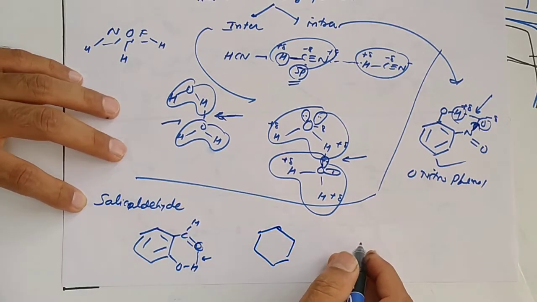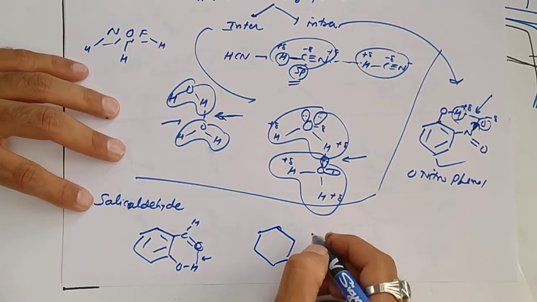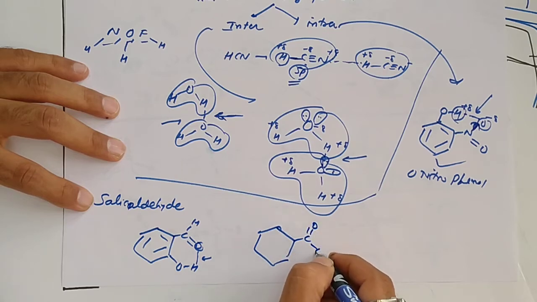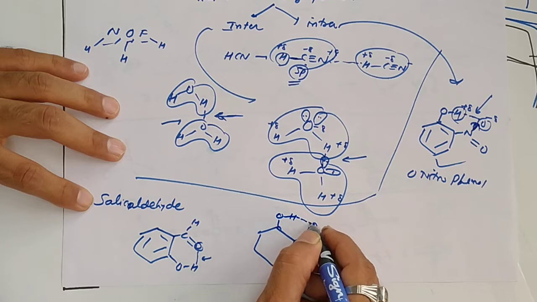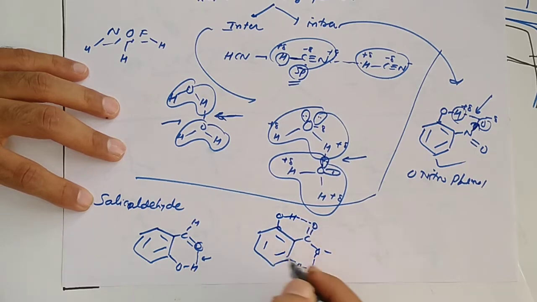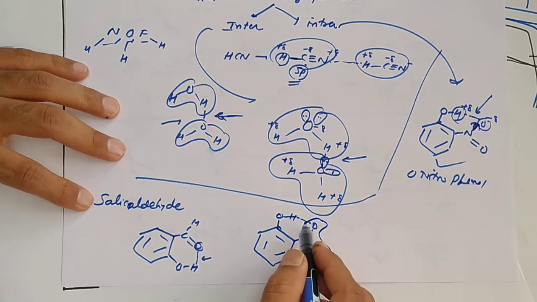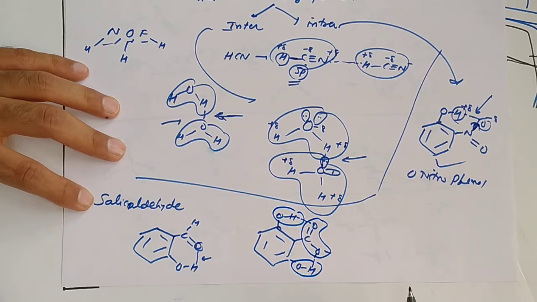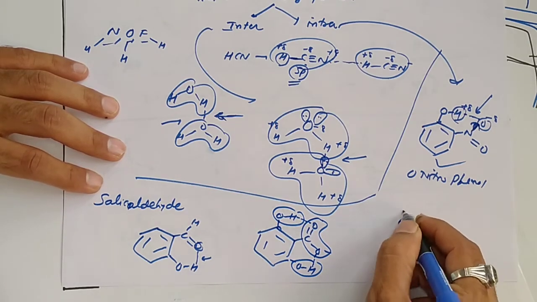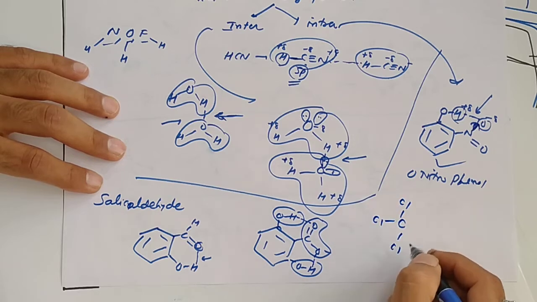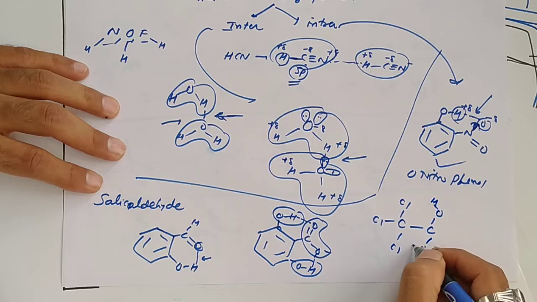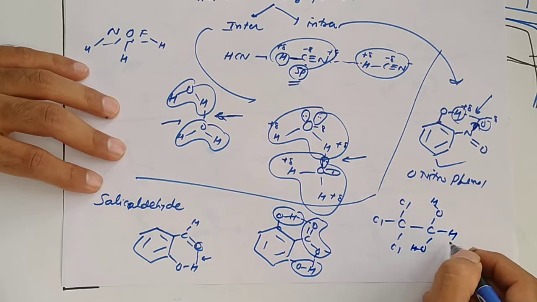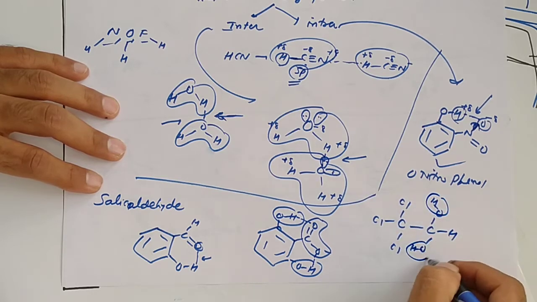Now 2,6-dihydroxybenzoate and chloral. Actually, two OH groups present on the same carbon should be highly unstable.